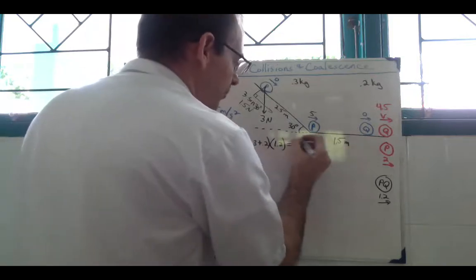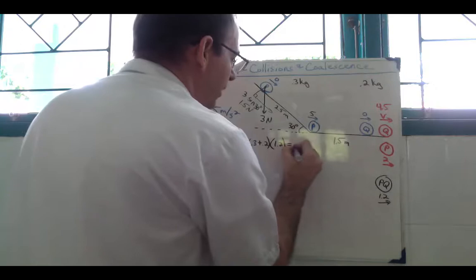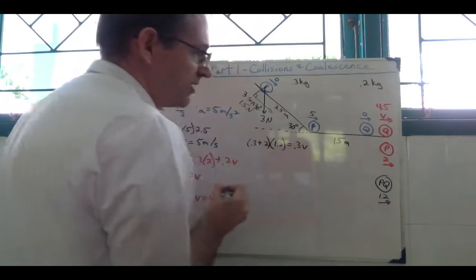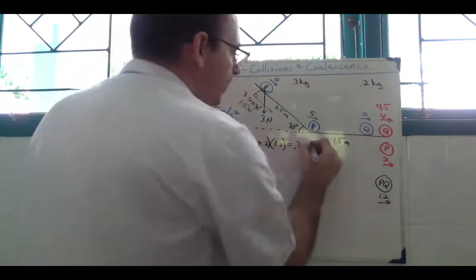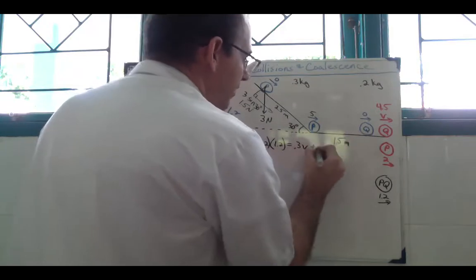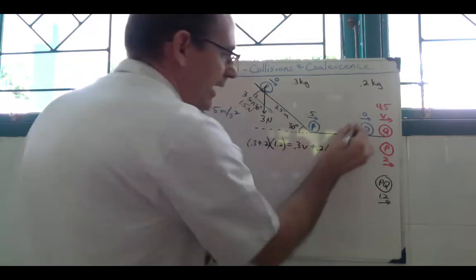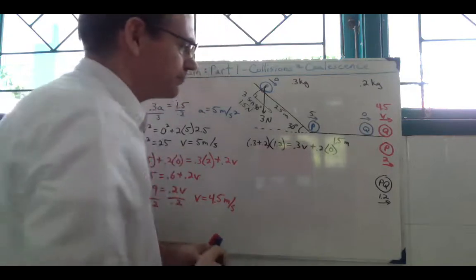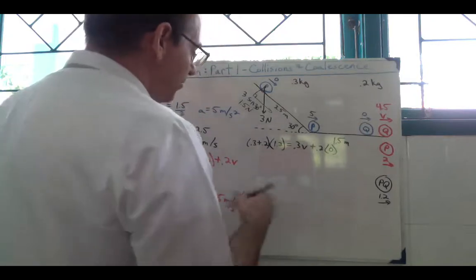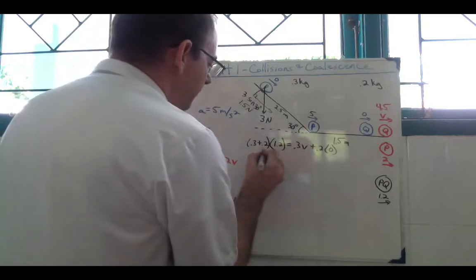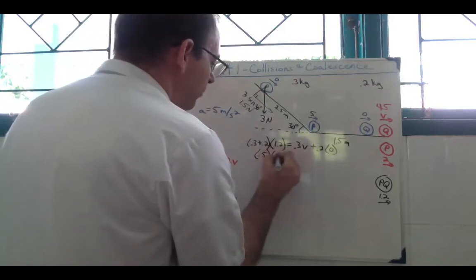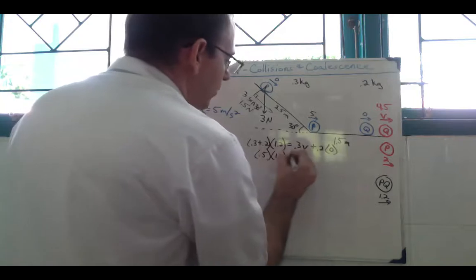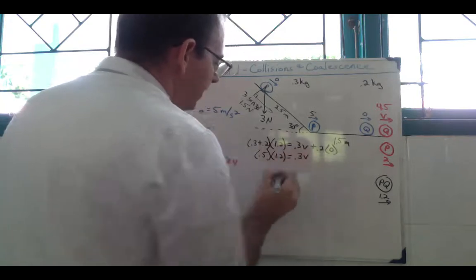So particle P has a mass of 0.3 times its velocity, which we don't know, plus Q has 0.2, and it has a 0 velocity before the collision. So when we get this, we have 0.5 times 1.2 equals 0.3 v.